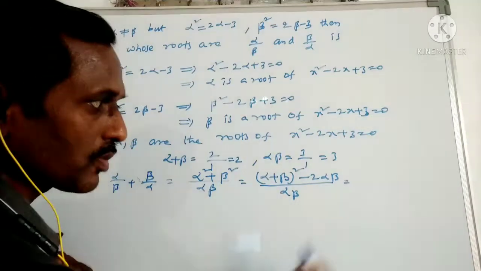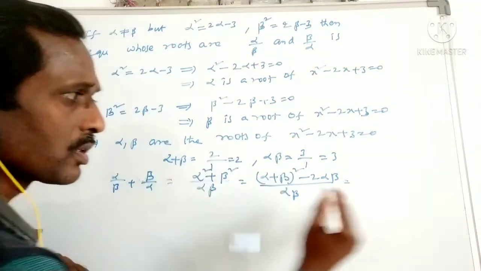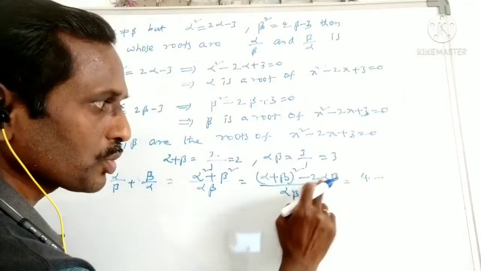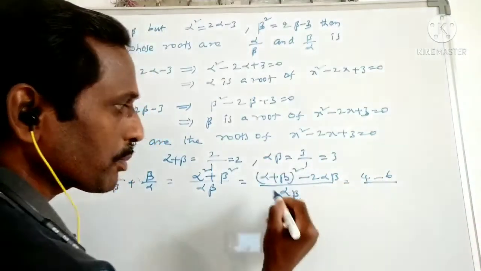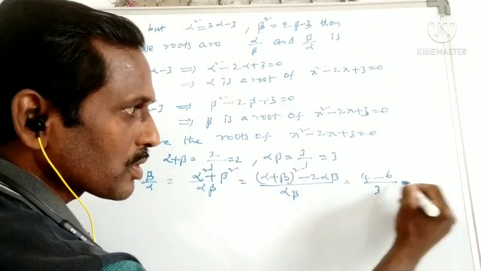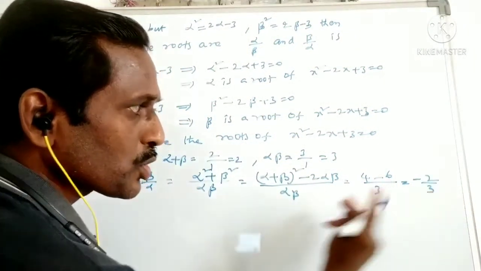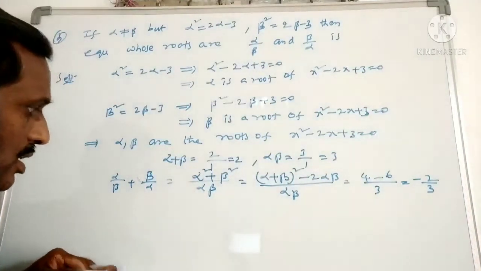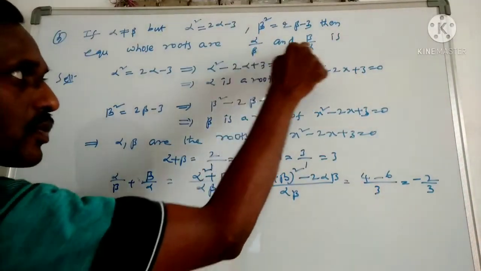What is the sum of the roots? 2, so 2 square is 4, minus 2 times the product 3, that is 6, divided by the product 3. So what is the value of this? 4 minus 6 is minus 2, so minus 2 by 3. This is the sum of the roots of the required equation.